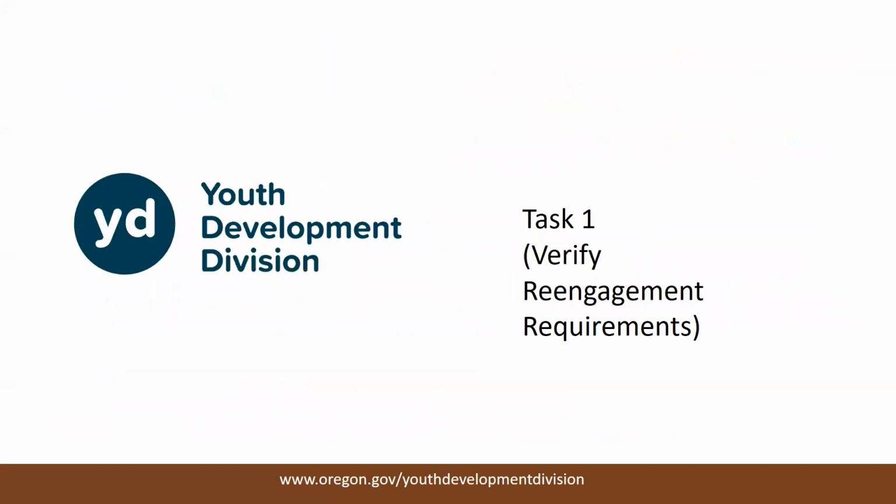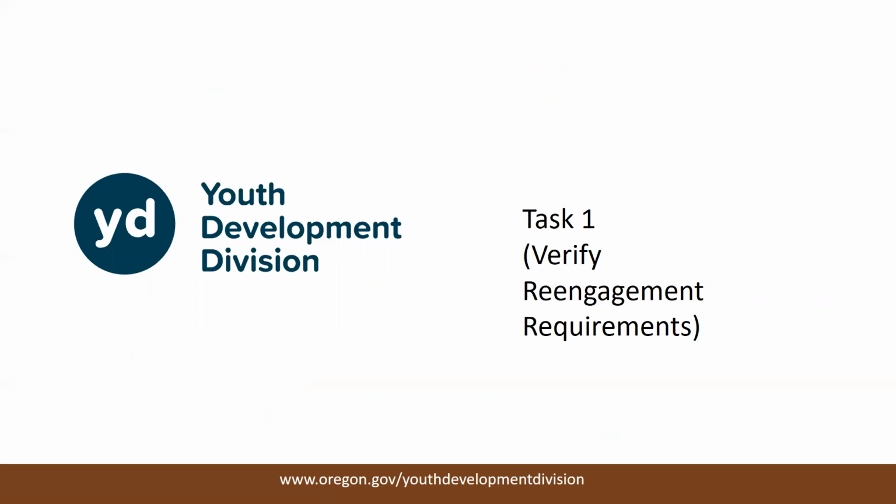So what we'll do is we will talk now a little bit about the application itself. The SM Apply application is broken into 2 tasks. The first task requires you to verify that your proposal fulfills the re-engagement rules and requirements.